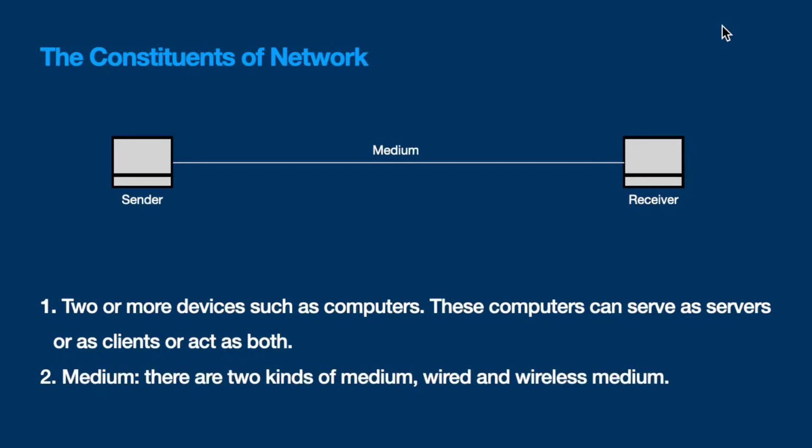Going forward, we are explaining the sender, the medium, and the receiver. Let's look at the sender and the receiver, which are the computer devices, two or more devices such as computers. These computers can serve as servers or as clients, or they can equally act as both.